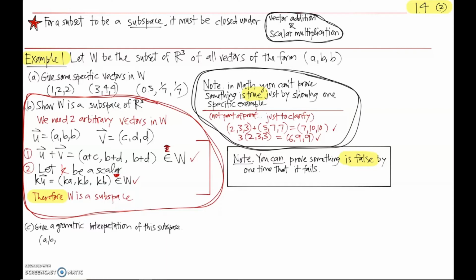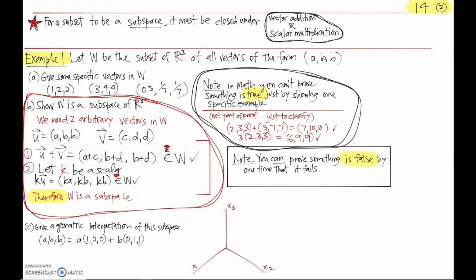So vectors that look like A, B, B, you could rewrite as A times 1, 0, 0 plus B times 0, 1, 1. So basically, this space is a scalar multiple of the vector 1, 0, 0 plus a scalar multiple of the vector 0, 1, 1. And I want to think about what those two vectors look like. Say that this axis is x1, this will be our x2, and up here is x3.